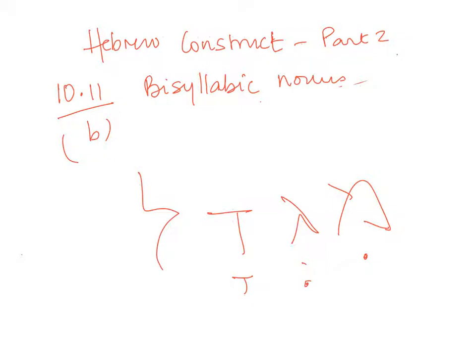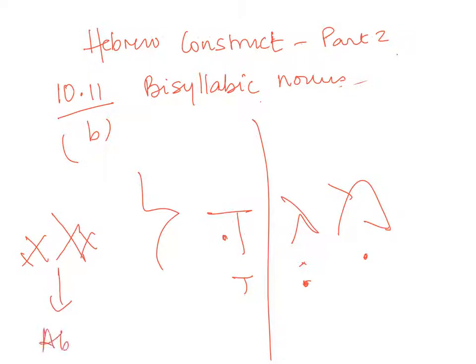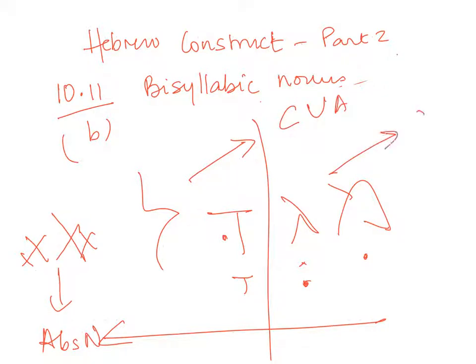Migdal. Migdal is another word. So here is my absolute noun. The accent is moved. This is a closed unaccented syllable. This is also a closed unaccented syllable. Now I have a kamets in this one, so this will not be accepted in a closed unaccented syllable.